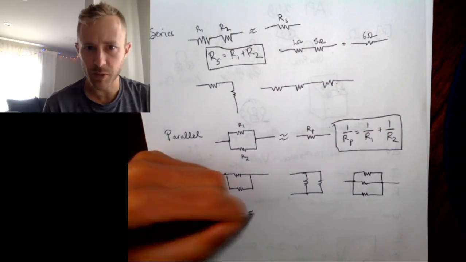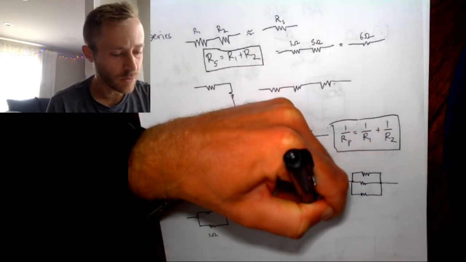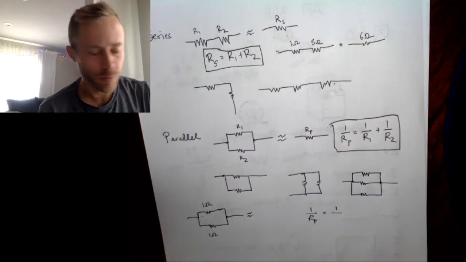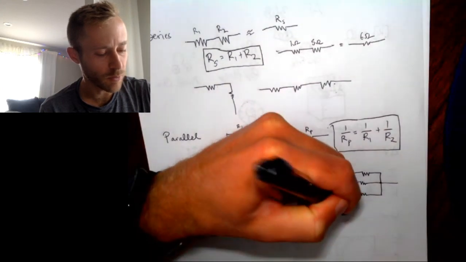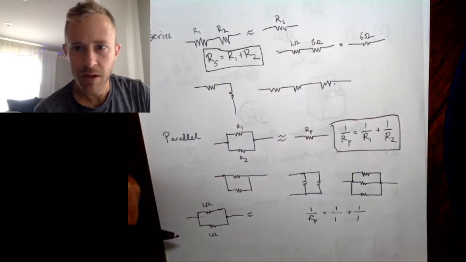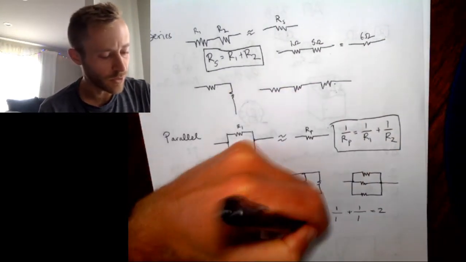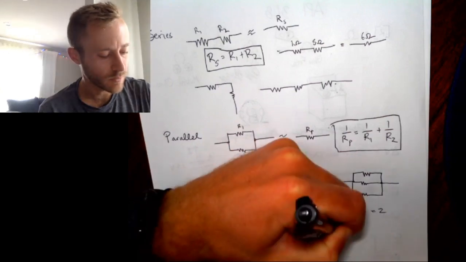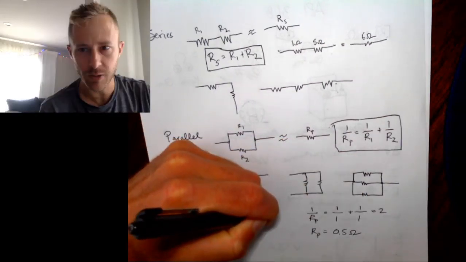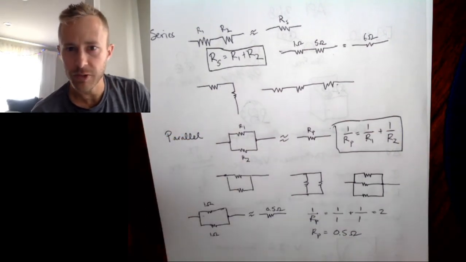Well, if we use our formula, 1 over R sub P equals 1 over R1, which is equal to 1, plus 1 over R2, which is also equal to 1. So that's equal to 2. So that means that Rp equals 0.5 ohms. So this is equivalent to a single 0.5 ohm resistor.